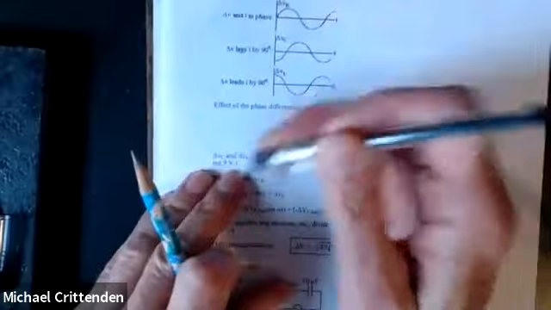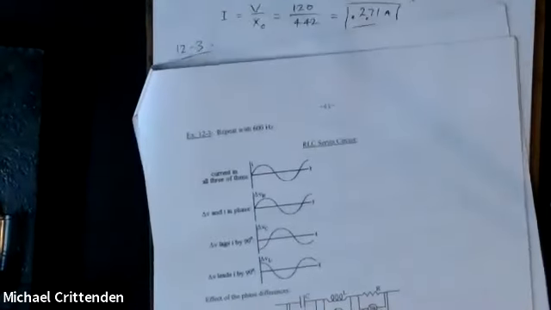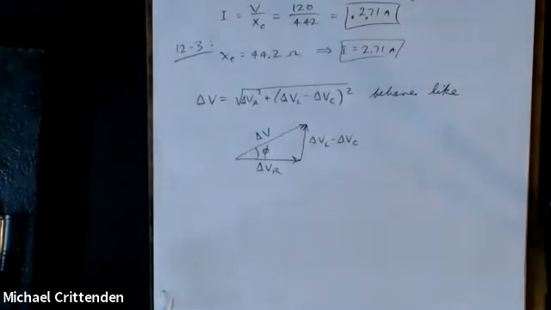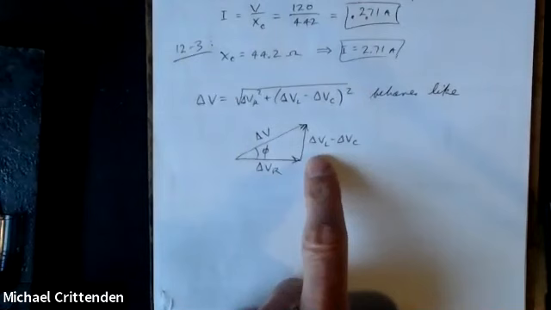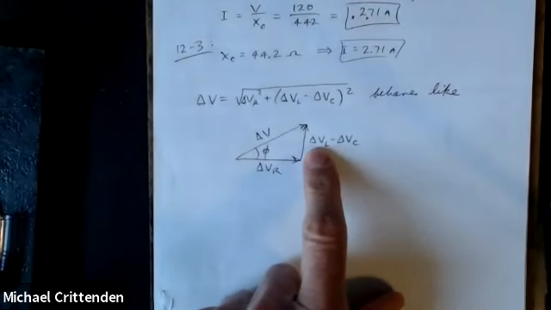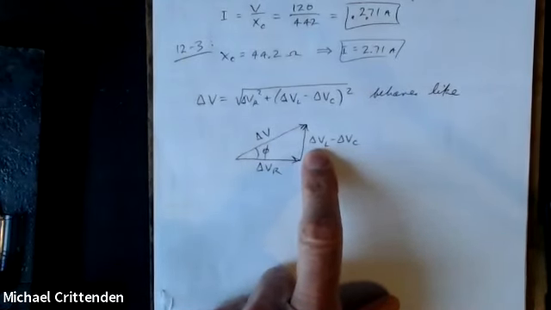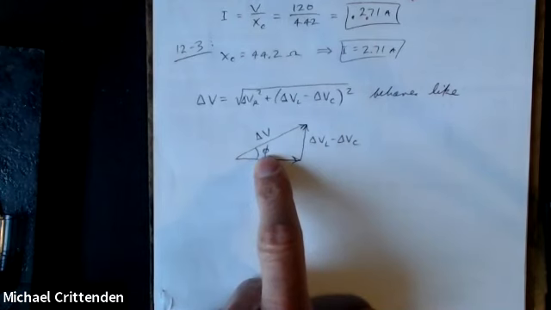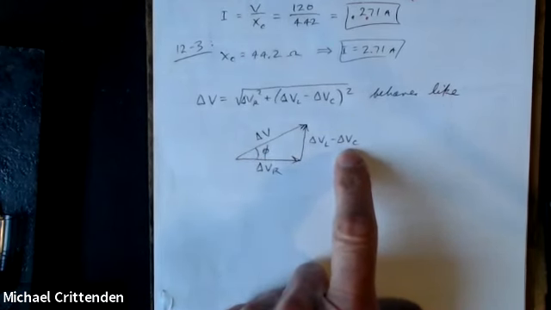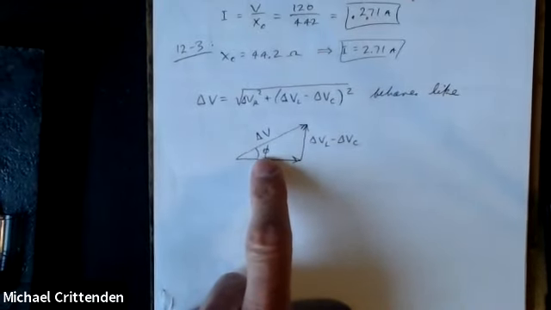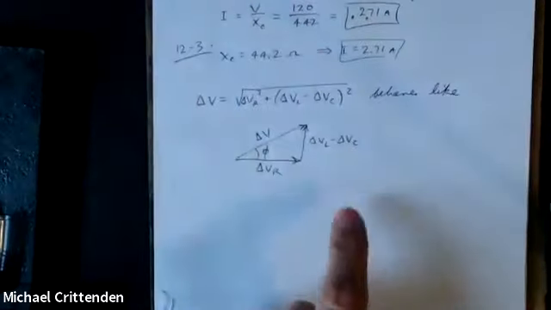Well, if you had a purely resistive circuit, nothing but resistors, they would be in phase with each other. The phase angle would be 0. If you had a purely inductive circuit, nothing but coils, the phase angle would be plus 90 degrees. If you had nothing but capacitors, the phase angle would be negative 90 degrees.